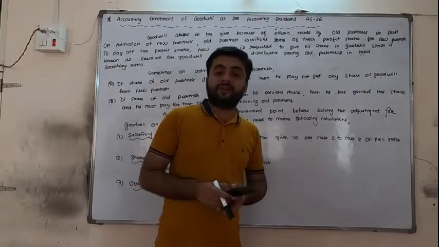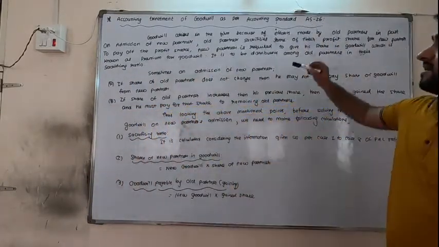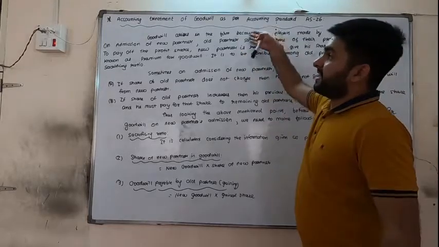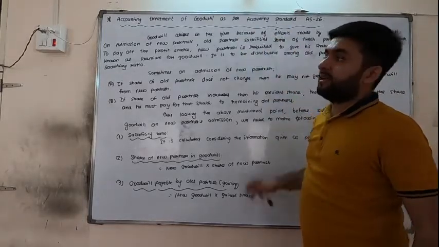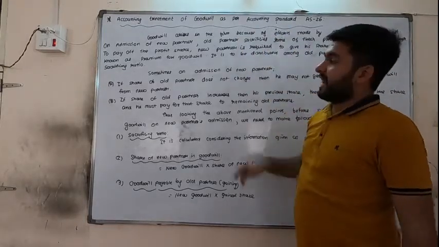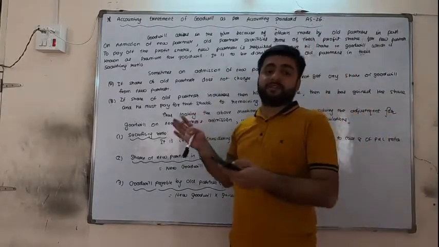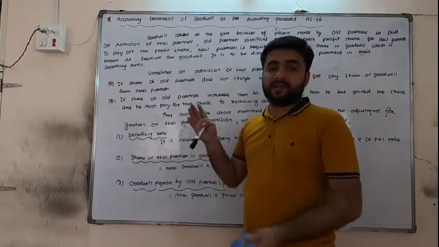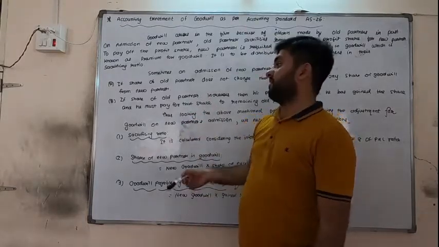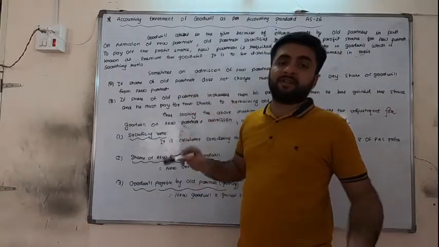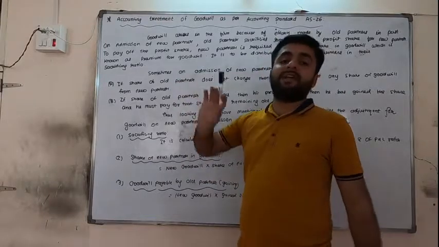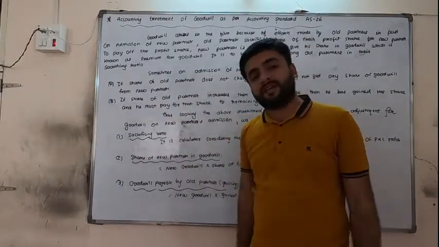Now we will write the format for journal entries. First we have seen why we are doing this accounting treatment of goodwill and what the procedure is. After that we have seen the other ways: whenever we calculate the sacrificing ratio, if any old partner has no gain and no sacrifice, then he will not be liable to pay or receive any goodwill.